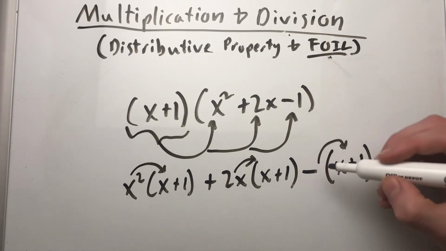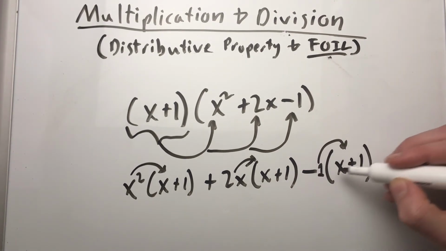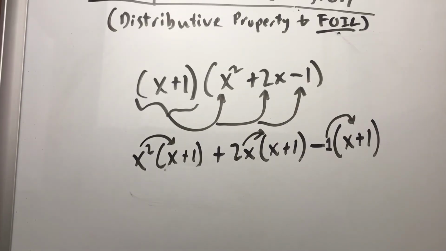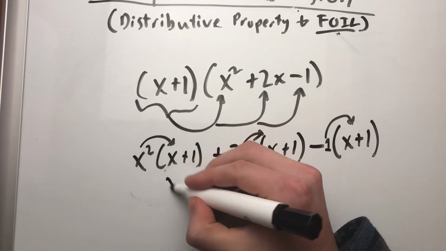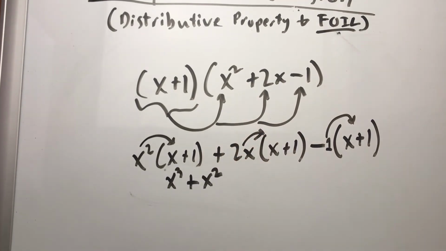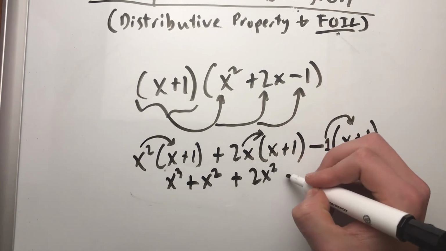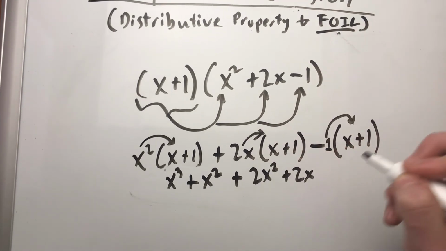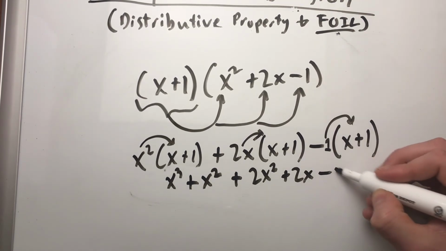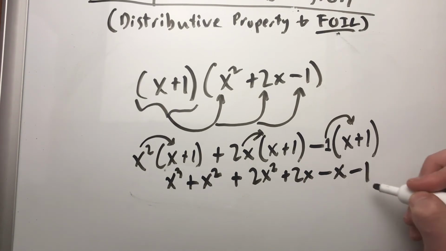On this last term, we are taking an invisible -1 and applying it to each of these terms on the inside here. So what we get is an x cubed plus an x squared plus a 2x squared plus 2x, and then a -1 times an x is a -x. -1 times a +1 is -1.